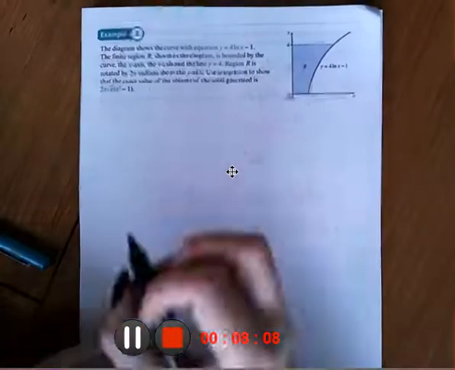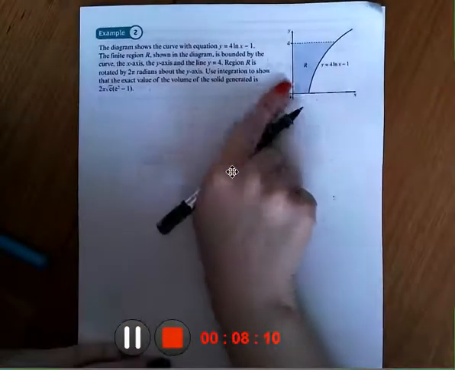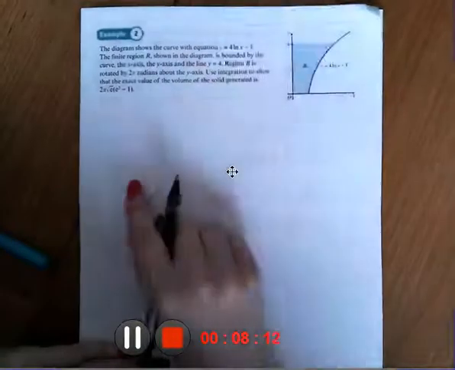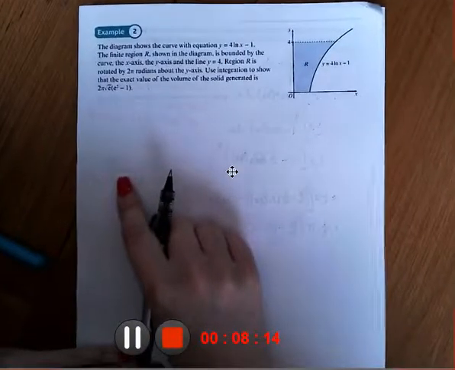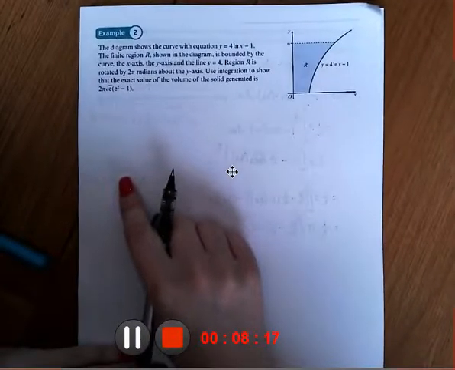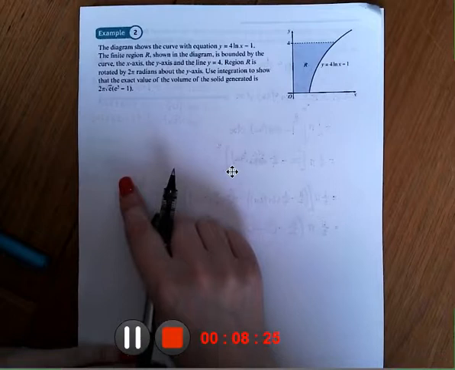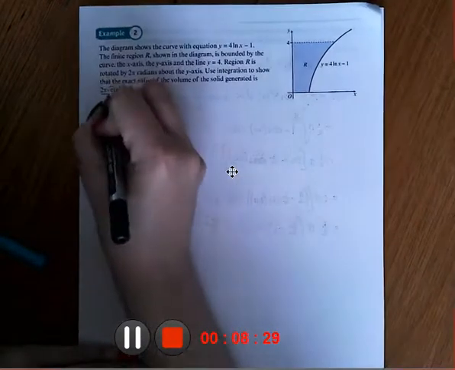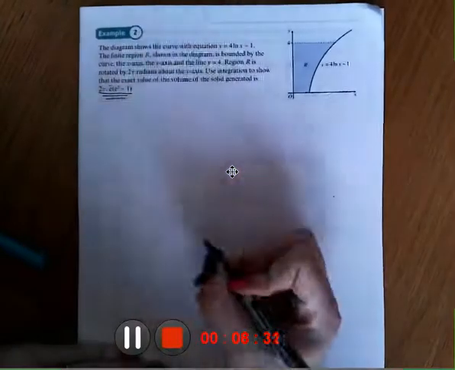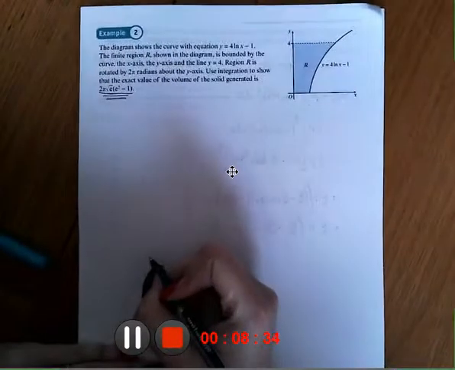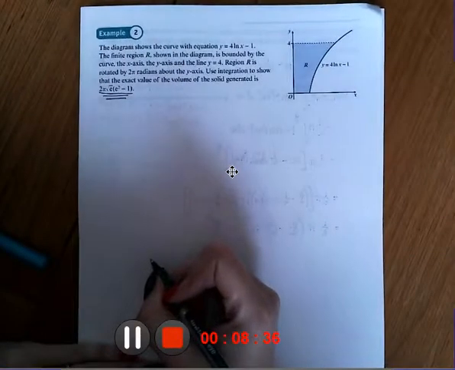Oh, sorry, it's going a bit mad. Right. The diagram shows a curve of the equation y equals 4 ln x minus 1. The finite region R shown in the diagram is bounded by the curve, the x-axis, the y-axis, and the line y equals 4. Region R is rotated by 2 pi radians about the y-axis. Use integration to show that the exact value of the volume of the solid generated is 2 pi root e times by e squared minus 1.